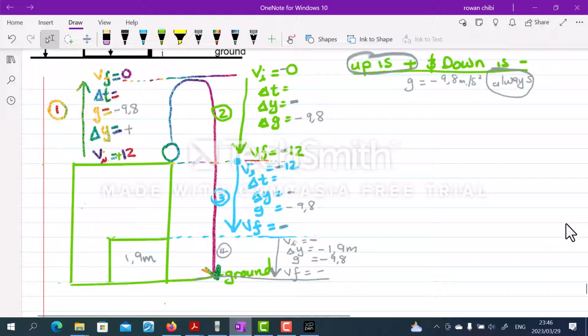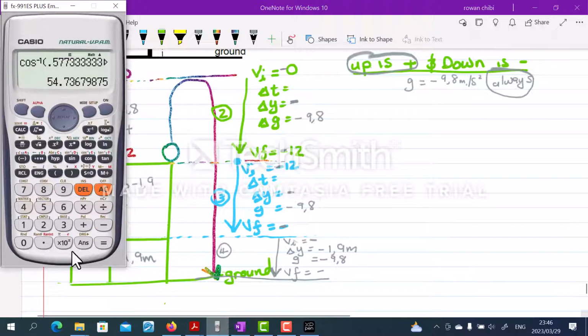Remember, the height of the building is 25 meters and the door is 1,9. So we can find this part by saying 25 minus 1,9, so it's 23,1.